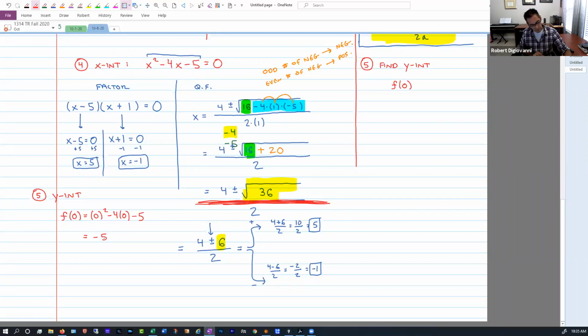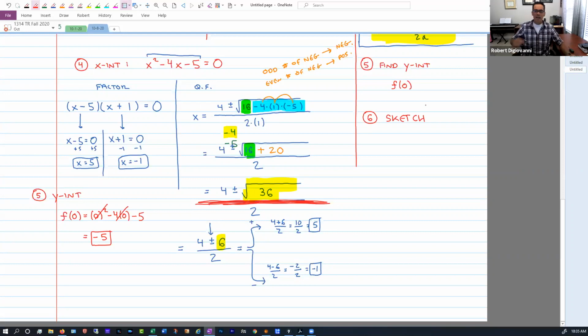Negative 5, right? That's all that happens. These go away. You just get minus 5. The last step is a sketch, your final sketch, your final picture.